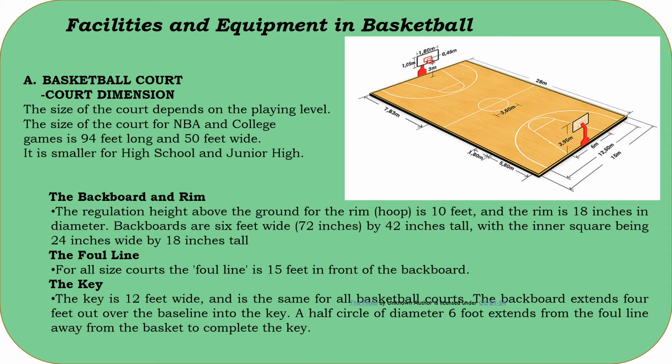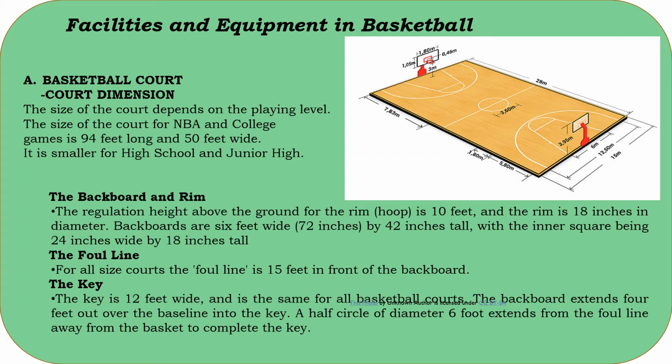The regulation height above the ground for the rim is 10 feet and the rim is 18 inches in diameter. Backboards are 6 feet wide or 72 inches by 42 inches tall, with the inner square being 24 inches wide by 18 inches tall. Of course, we have the foul line, the key.